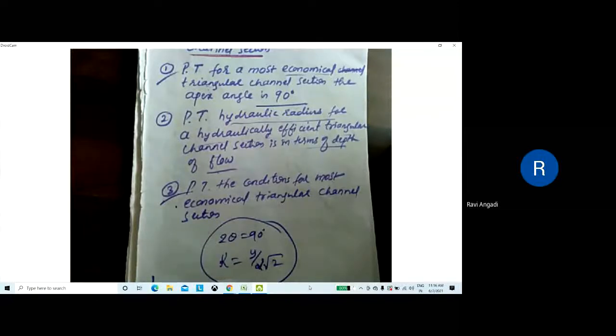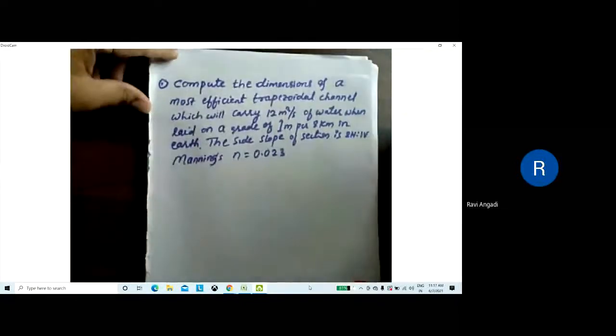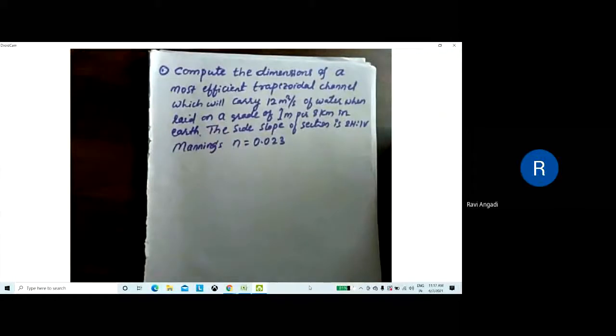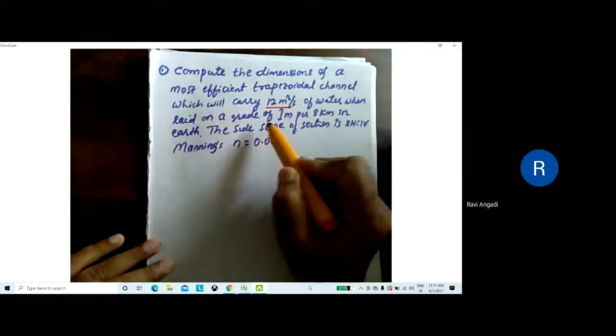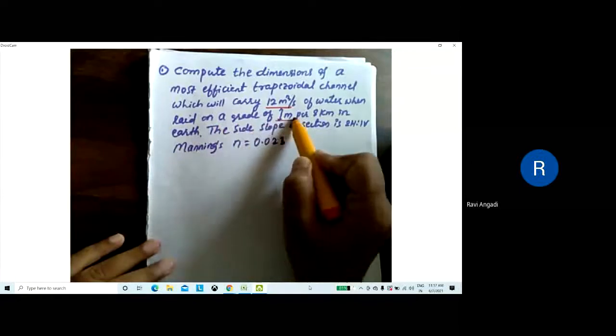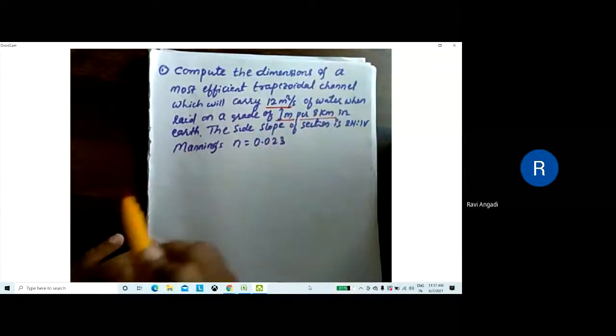Okay, now I'll take the numerical problems on trapezoidal section. All of you note this question on trapezoidal section. Compute the dimensions of most efficient trapezoidal channel section which will carry 12 meter cube per second of water, which is laid on a grade of 1 meter per 8 kilometer in earth.